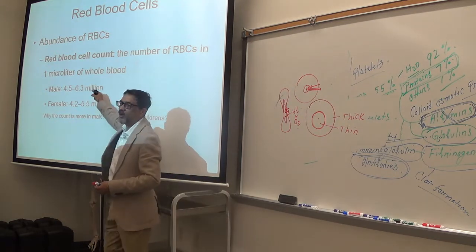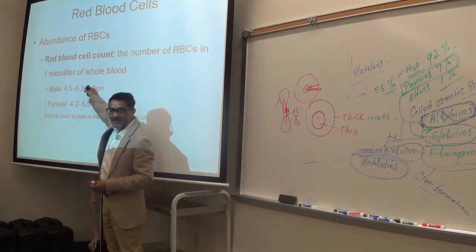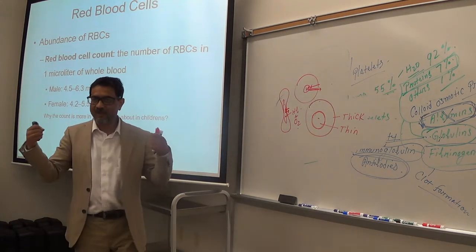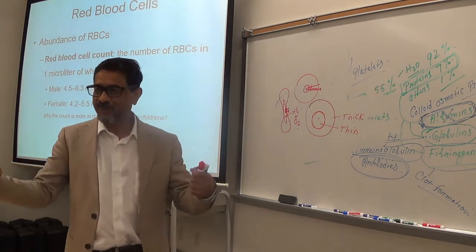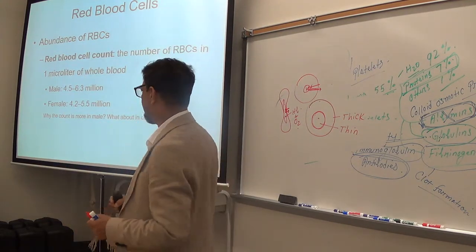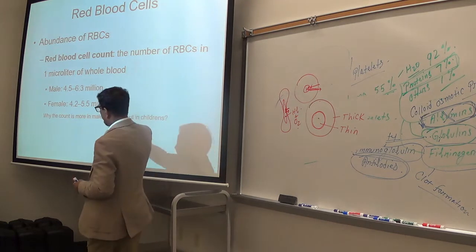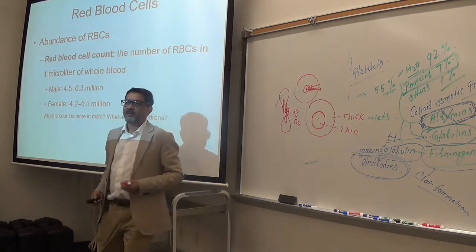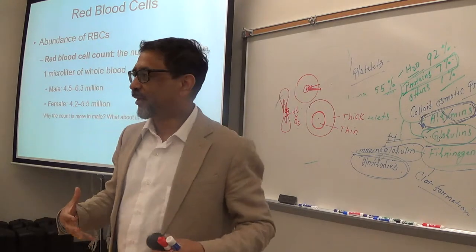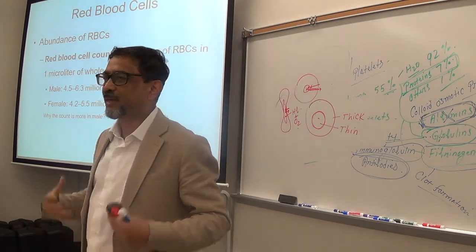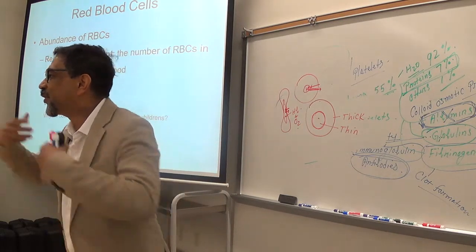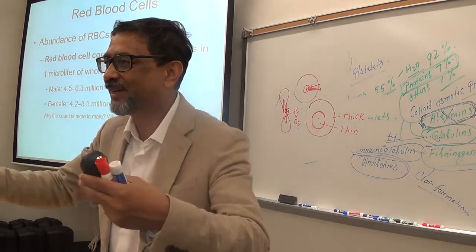And you already know why the red blood cell count is more in male, right? 2 things you mentioned: muscle, more muscles need more metabolism and oxygen. Number 2, testosterone, that hormone, right? Stimulates the production of red blood cells. Remember, the body that needs more metabolism, the red blood cell count will be more because oxygen transportation should be more, right?